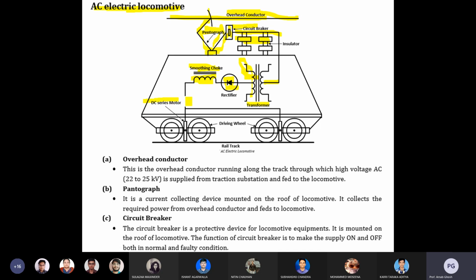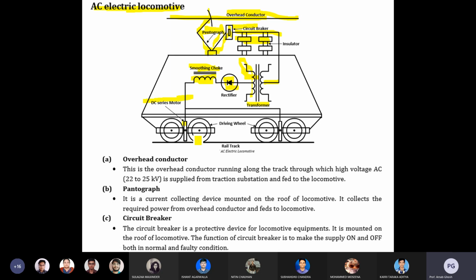That DC is directly connected to the wheels. Here you can see a pair of wheels, and another set of wheels is at the other end, which is not visible. Since only a 2D diagram is there, we can see only these two wheels.